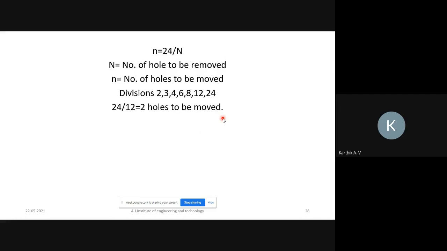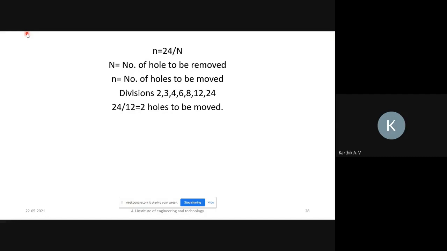Understood? Direct indexing mechanism. One more example: 4 divisions. How many holes do we have to move in the index plate? You have to make 4 divisions in the workpiece. 24 divided by 4 is 6, so 6 holes to be moved.